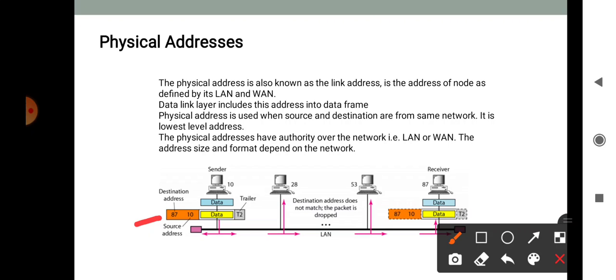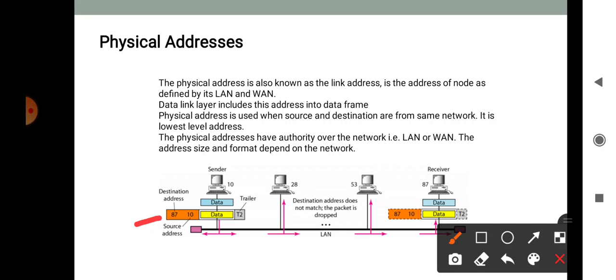The intended destination computer, however, finds a match between the destination address in the frame and its own physical address. The frame is checked, the header and trailer are dropped, and the data part is de-encapsulated and delivered to the upper level.